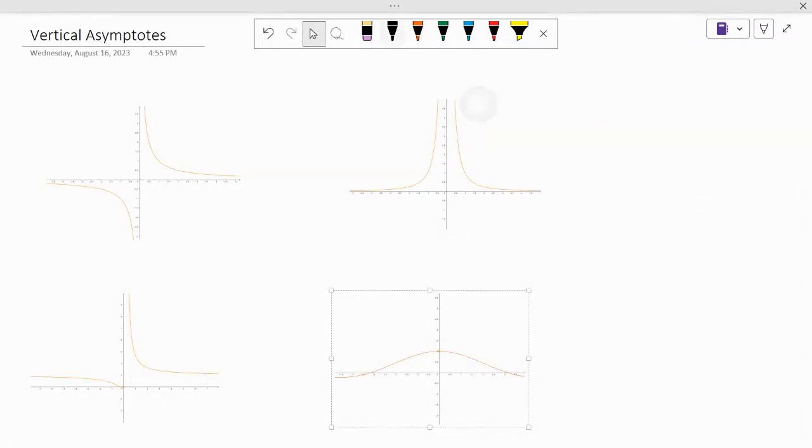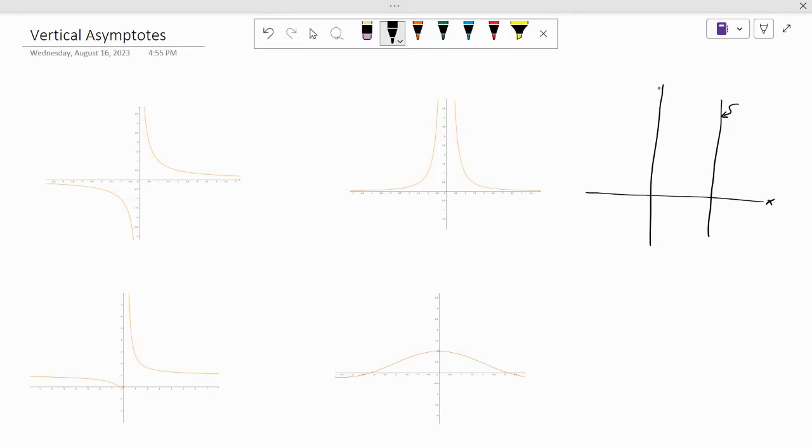So vertical asymptotes are vertical lines which are not part of the graph of the function, right? Just vertical lines which your graph will approach. Okay.